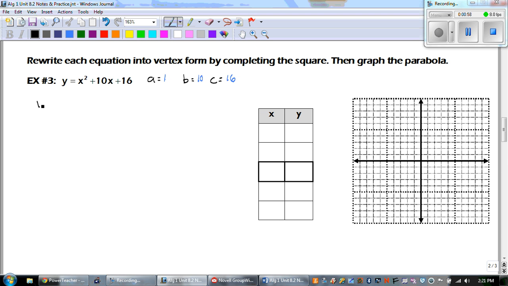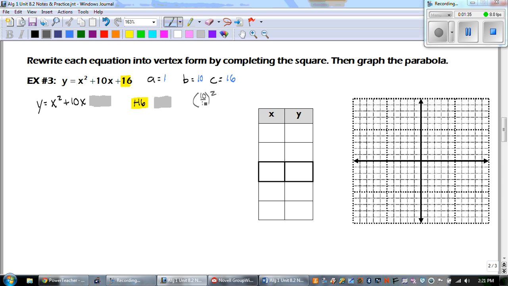The first thing we're going to do is rewrite this, and then move that C off to the side. Then we've got a couple blanks to fill in, and the way to fill in those blanks is B divided by 2, squared.